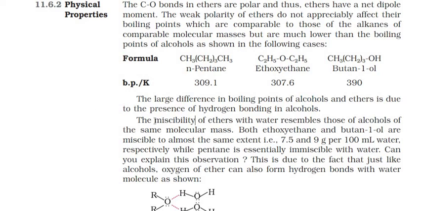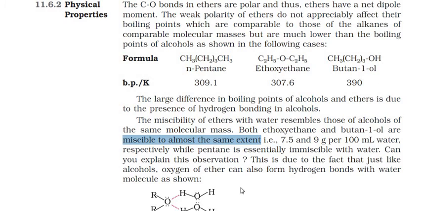So again, the miscibility of ethers with water resembles that of alcohols of the same masses. That means ethers are more soluble in water. That is what they wanted to say. Now both ethoxyethane and butan-1-ol are miscible to almost the same extent.